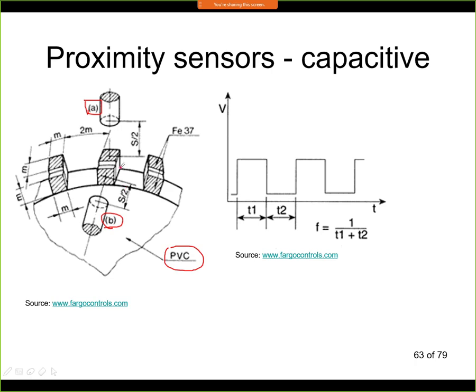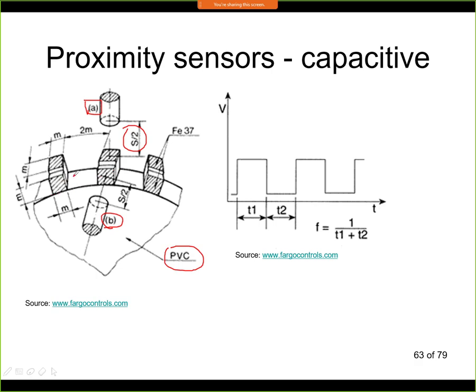In both cases, we need to make sure that this detection distance, you can see here this detection distance, is below the detection distance of the sensor. So typically we set it to somewhere as 1/2.